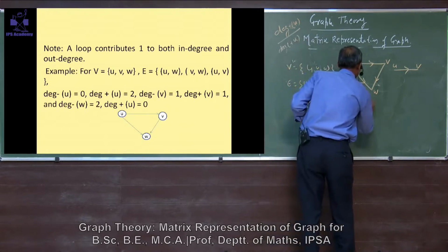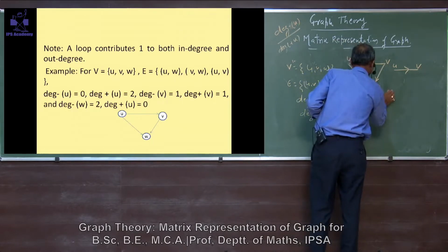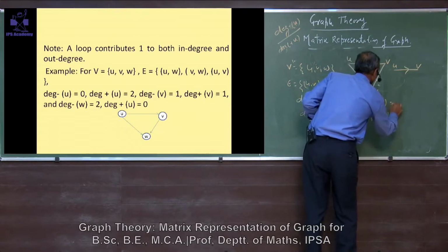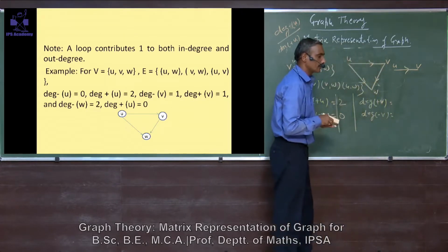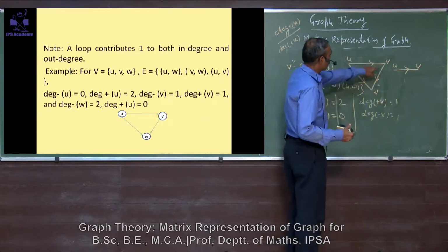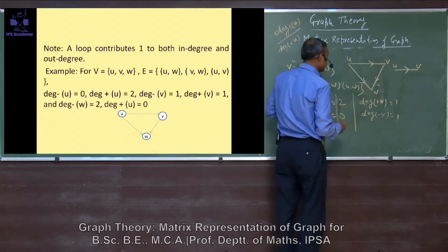Similarly, degree of plus v and degree of minus v both are 1, because one edge is incident in and one edge is incident out.